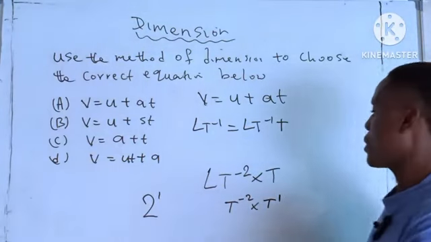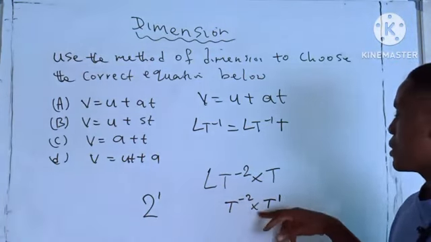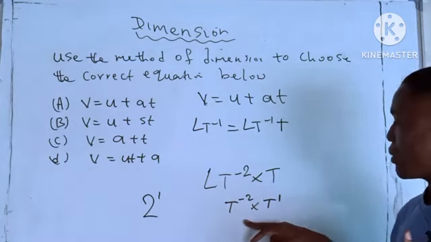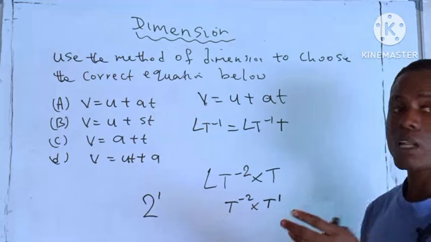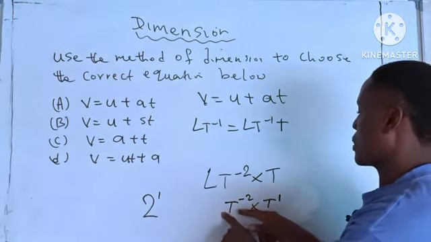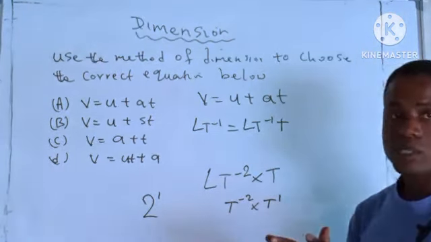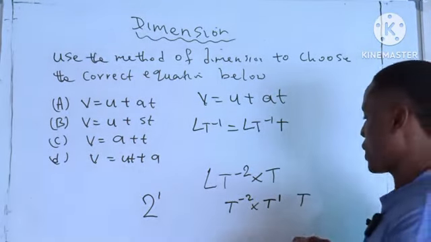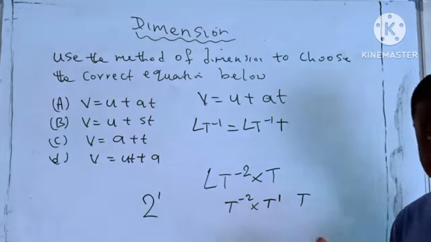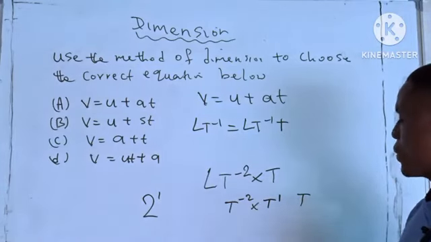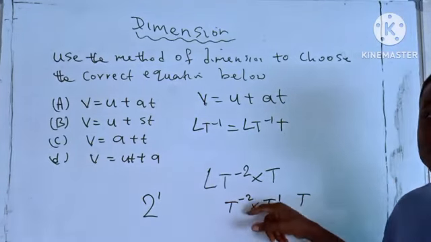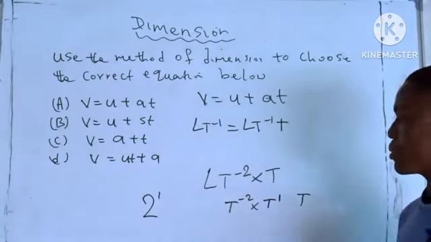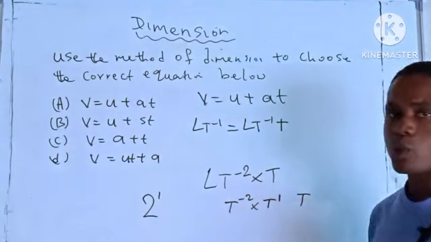So please take note. I said if the two base alphabets or numbers are the same, note that T and T are the same things, right? You take only one T since they are the same. Since the middle is multiplication, you add the up numbers.